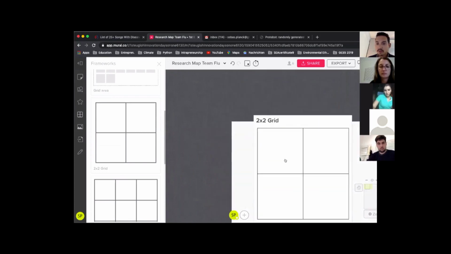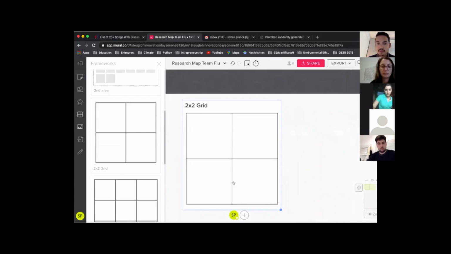And I would suggest that you use one of these 2x2 grids, and then you map here your known knowns, known unknowns, unknown knowns, and the unknown unknowns.